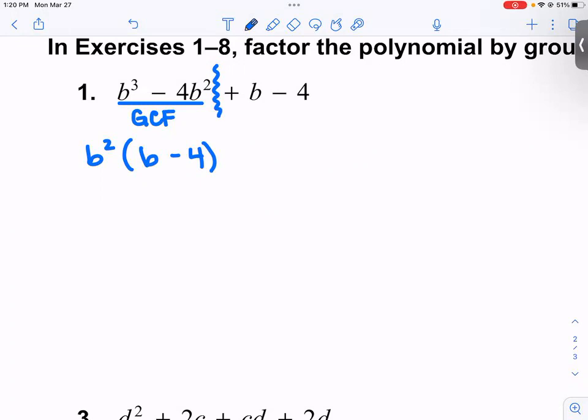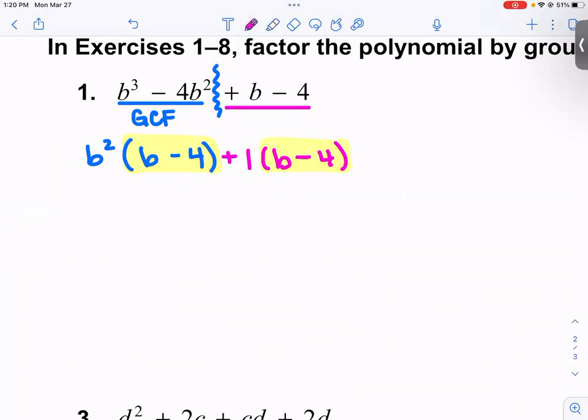Okay, now let's look at the second two. So there technically isn't a GCF, but we need to write it like there is. Since they don't have anything in common, we are going to factor out a +1 because we need these two sets of parentheses to be the same in order for this to work.